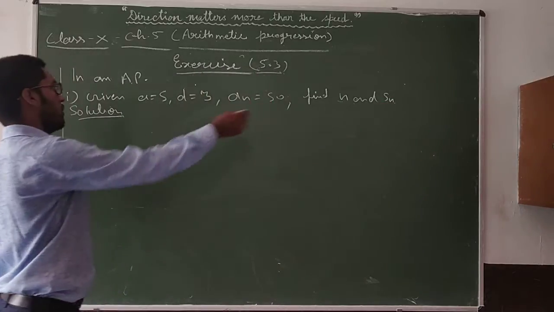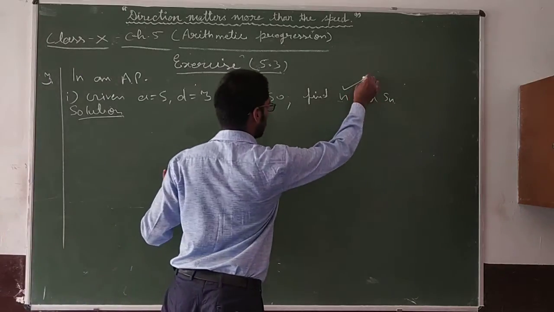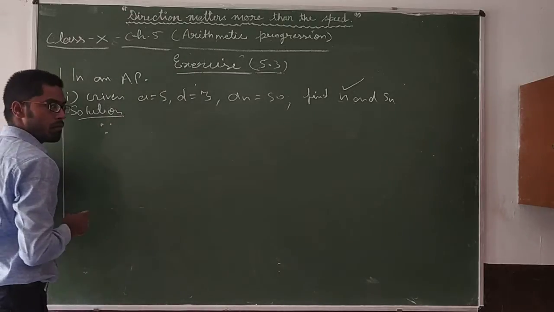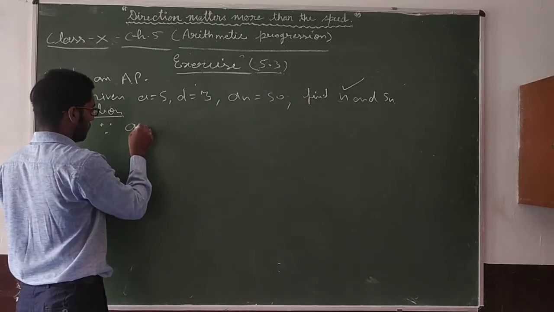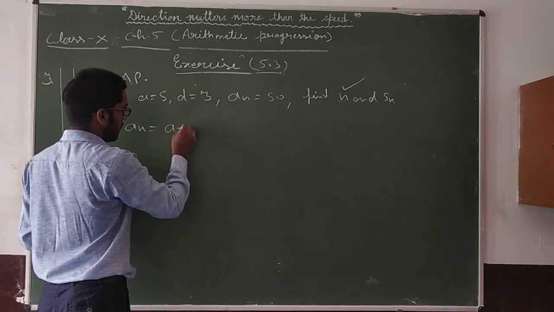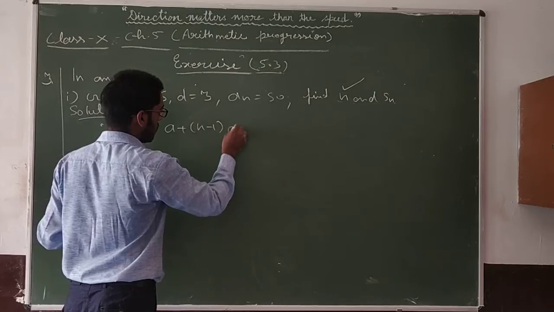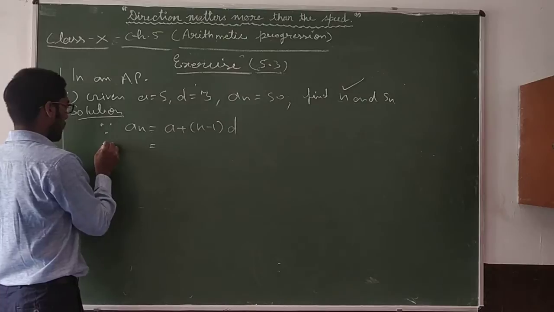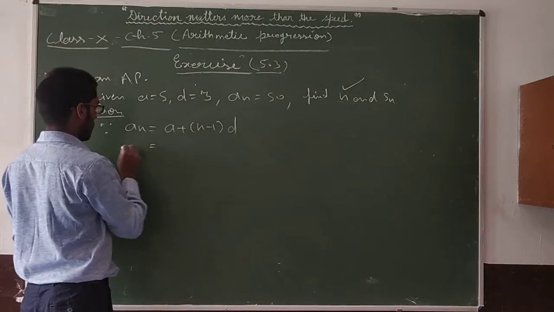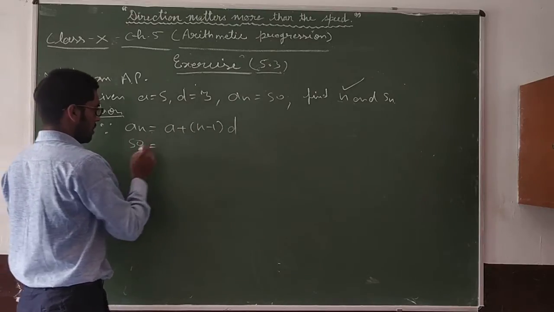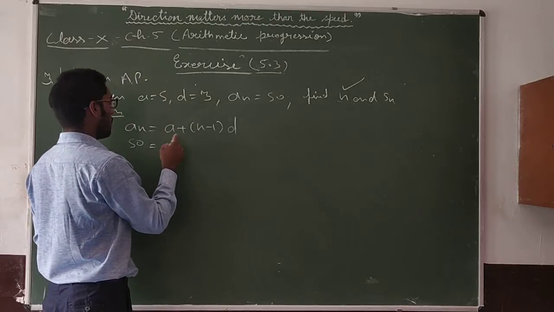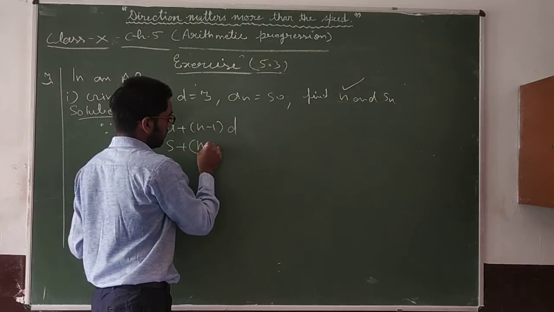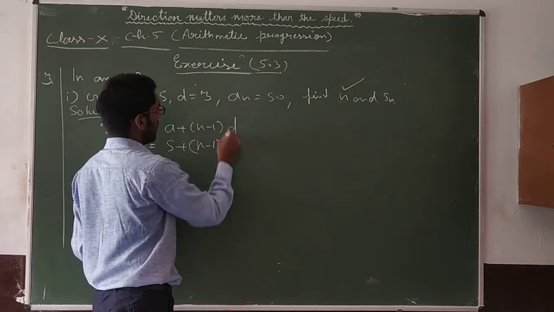First find n. With the help of which formula will you apply? An is equal to a plus (n minus 1) into d. Then put the values. The value of an is equal to 50, first term a is 5 plus (n minus 1), since the number of terms is not given, into common difference d, which is 3.